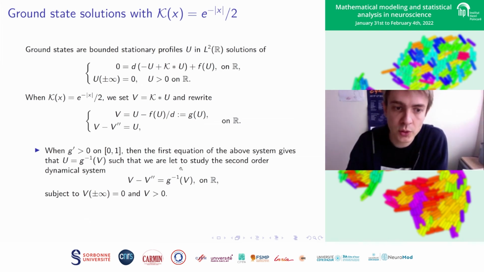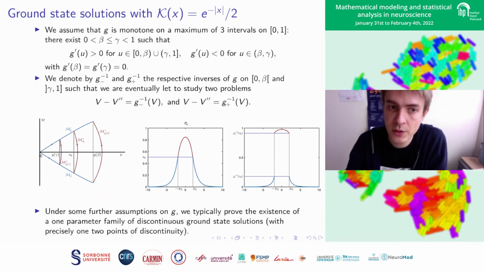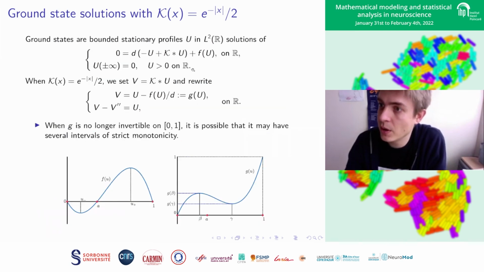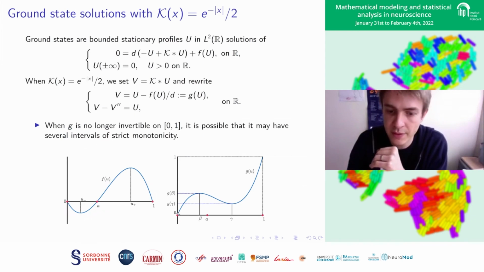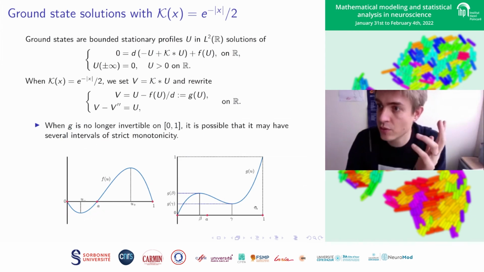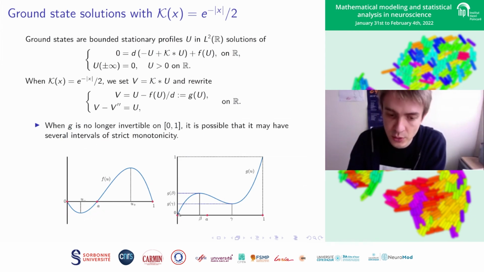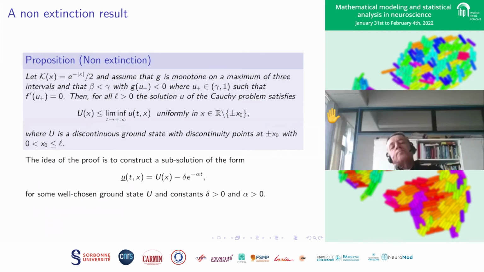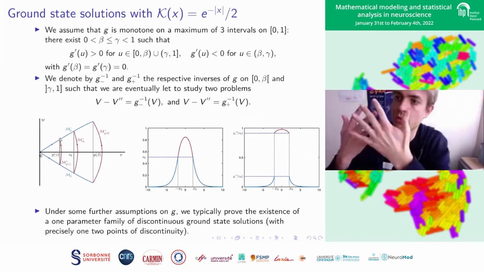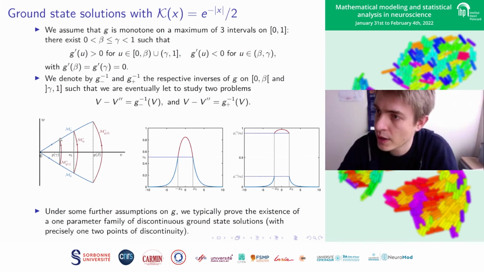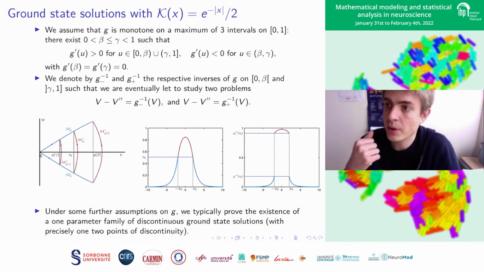You can only invert your system on the region where your nonlinearity is monotone. Here I've assumed it has 3 regions of monotonicity, so you will be able to invert only on that branch and that branch. The way you construct a stationary solution is by gluing phase portrait analysis: you superimpose two phase portraits. So this is one part of your question.